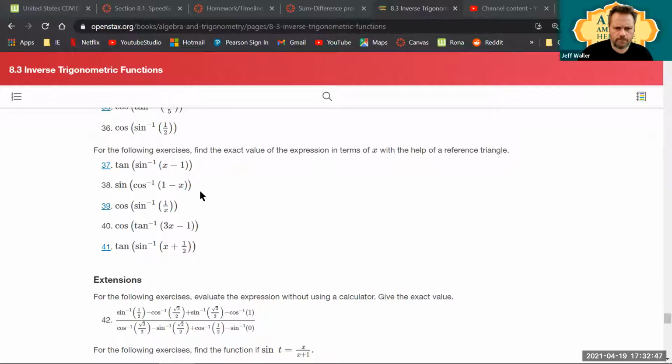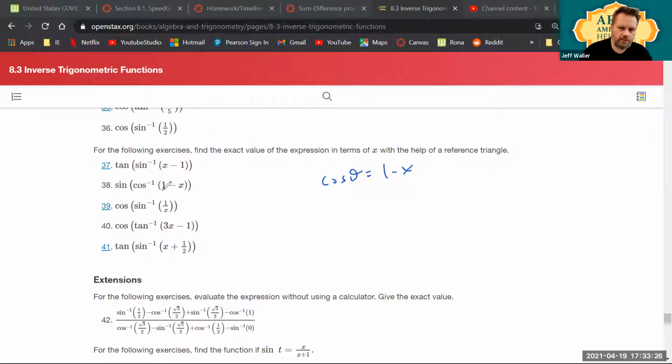This guy? Yes. Okay. So do you make a triangle, then you plug the body in, or is there any other way to do it? For example, inverse of cosine of 1 minus x, that means the hypotenuse is 1, right?